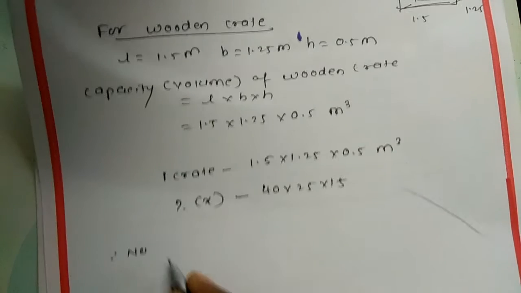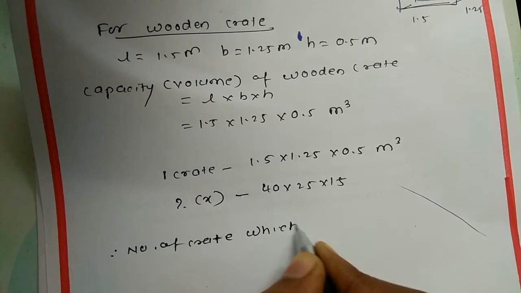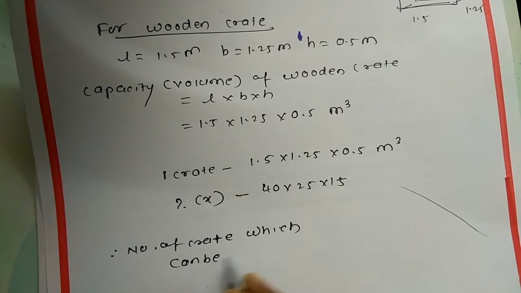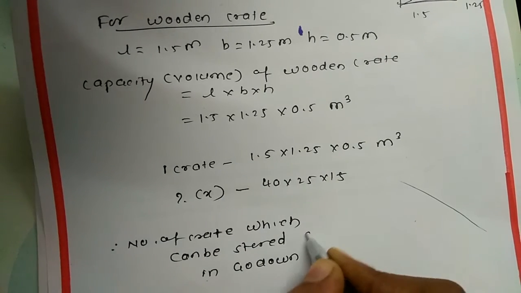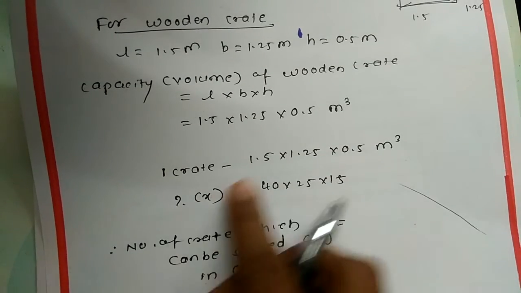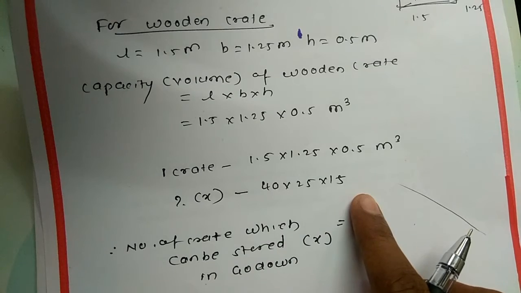Therefore, the number of crates which can be stored in the godown, we'll take as x. So 40 into 25 into 15 equals x into the volume of one crate.